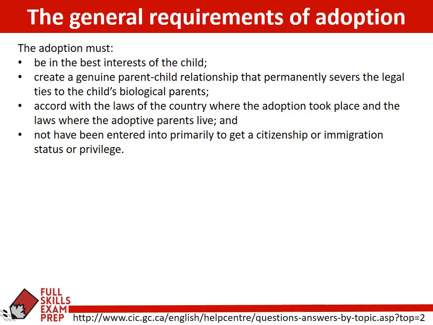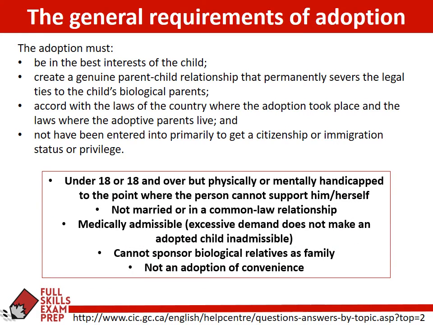This can't be used as a way to bypass any other regular immigration stream. The adoption has to be a real adoption, and genuine, of course. And it can't be used just as an immigration scheme. Okay, and you have all of your main points over here again.